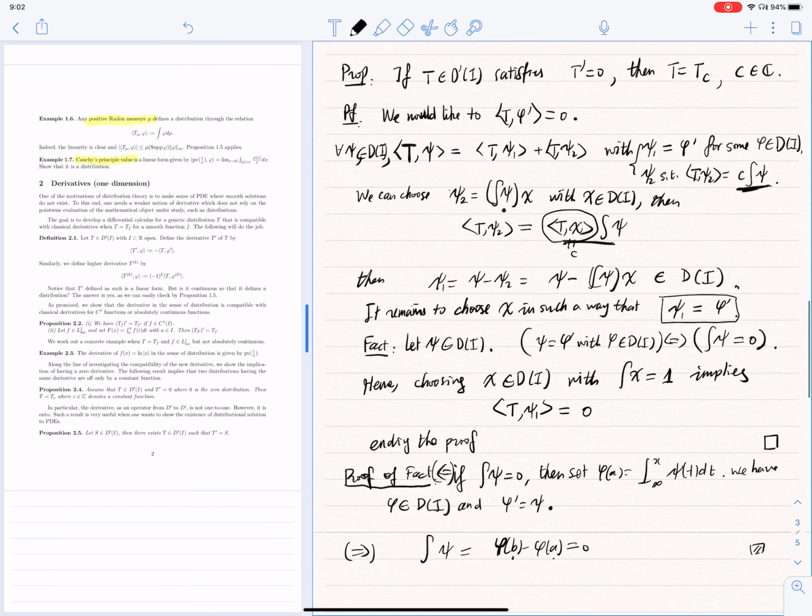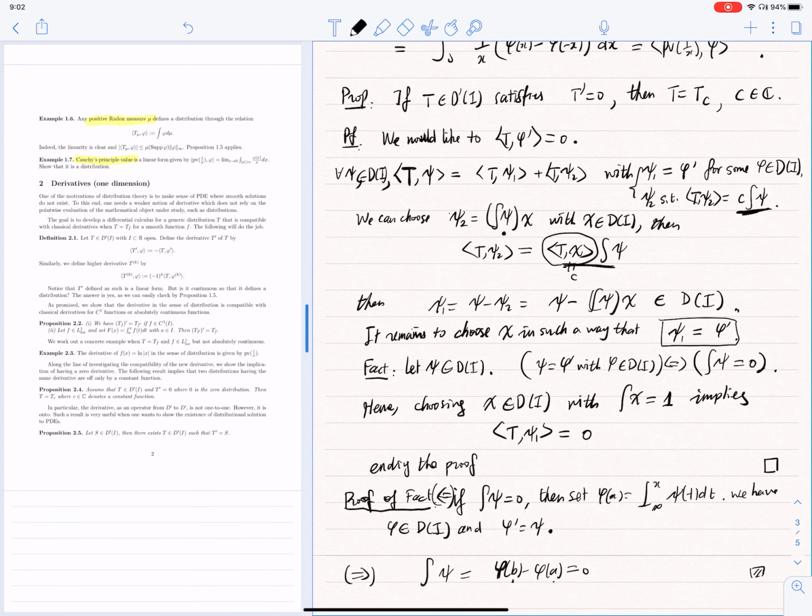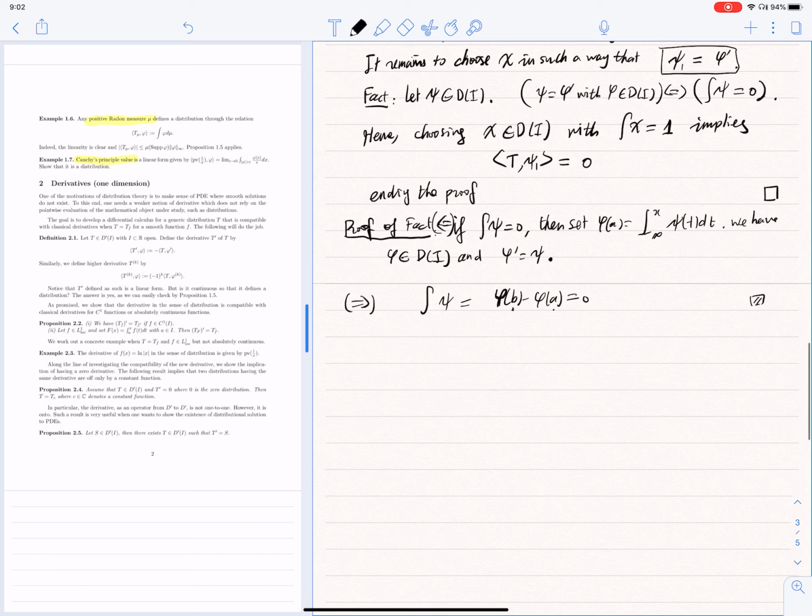We have shown that the only distributions which have zero derivatives are those distributions associated with constant functions. All right. So one consequence of this is the following. This is quite an interesting remark, straightforward but interesting. If we have two distributions T1, T2, they are both distributions, right?